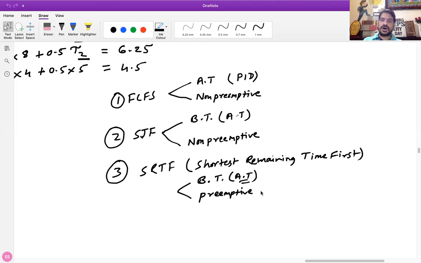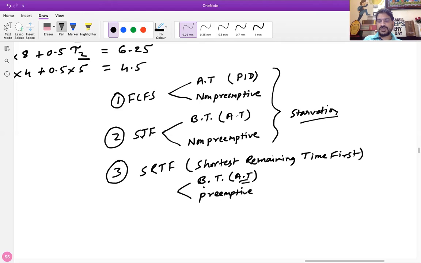The problem of starvation, which was there in these two scheduling algorithms, would be solved using the shortest remaining time first algorithm.